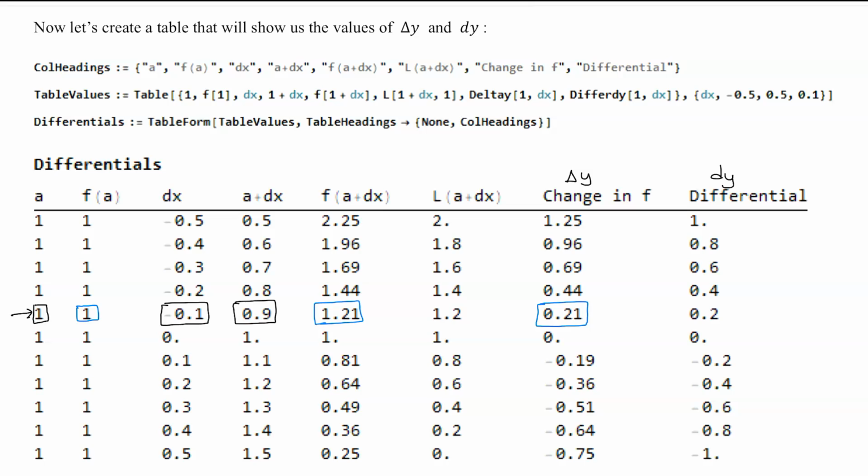My delta y value, the change in f, is 0.21, so for a 0.1 unit change to the left on x, my change in y on the function is 0.21.